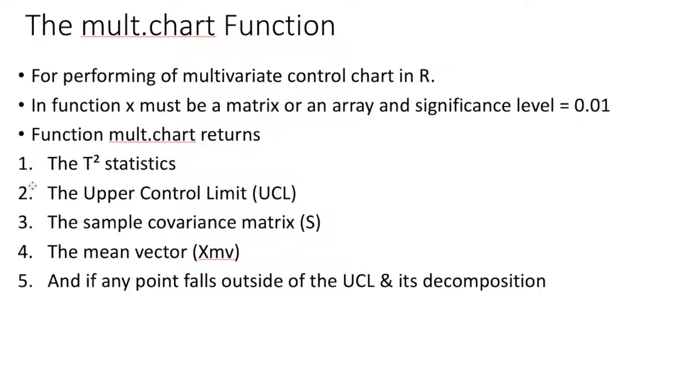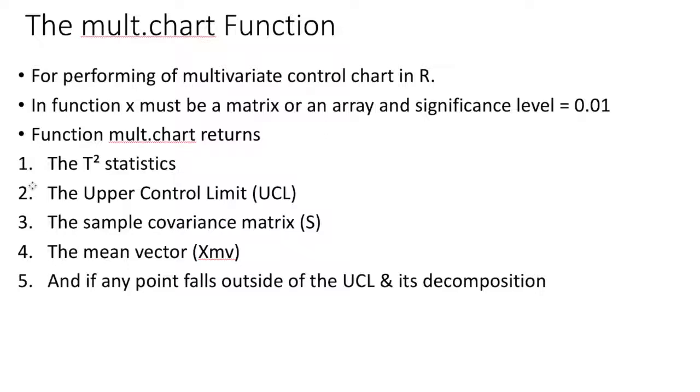But before going into detail about them, there is a mult.chart function which is used to perform multivariate control charts in R. In the function, x must be a matrix or an array, and the significance level is 0.01.